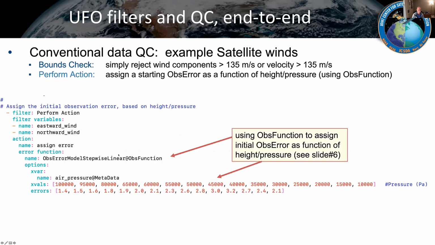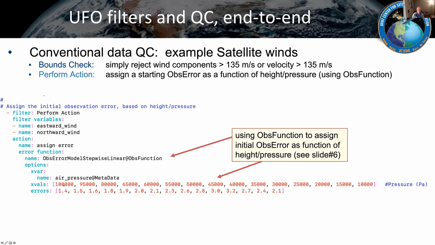Assignment of the OBS error, I went over this with air temperature as an example, but you can see how this one's a bit more complex, starting out with a 1.4 meter per second OBS error assignment above or below 1,000 millibars. And if you remember from the other slide, the X vals was in the opposite direction. It was top down.